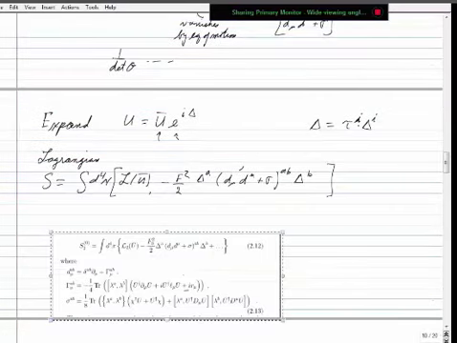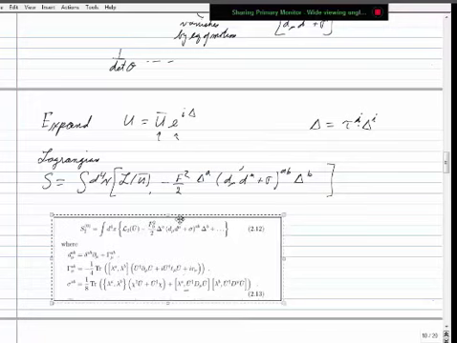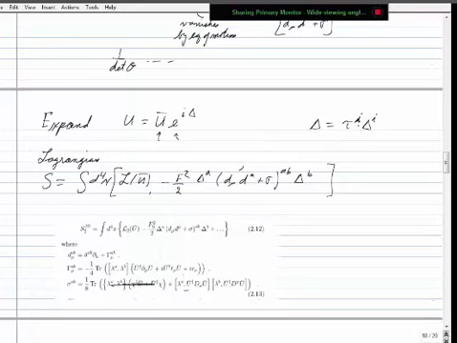What we're going to do here is expand U into a background field and a fluctuation. Here I'm going to call it U bar and e to the i delta.